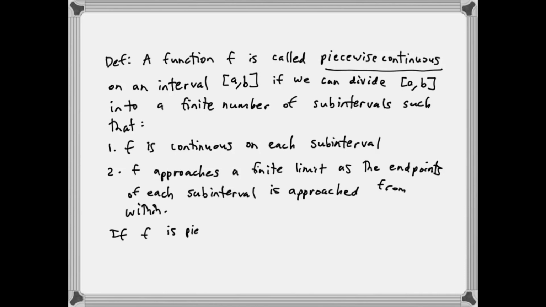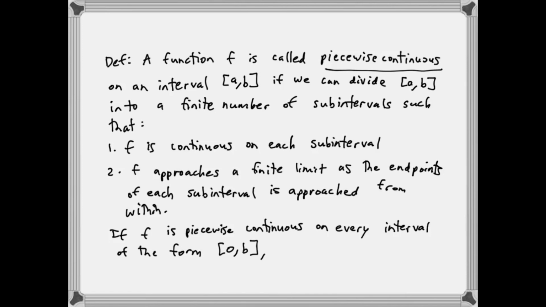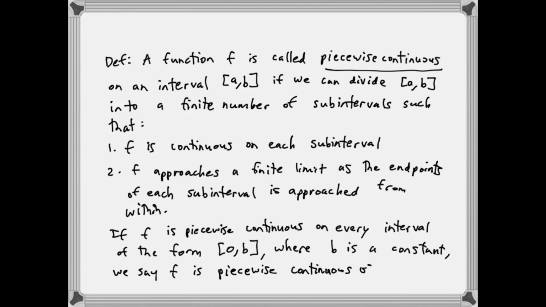If f is piecewise continuous on every interval of the form [0, b], where b is a constant, then you can say f is piecewise continuous on 0 to infinity.